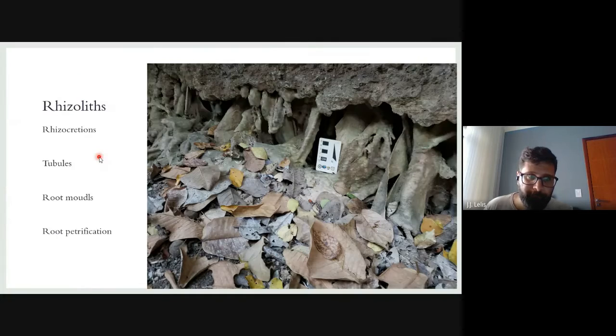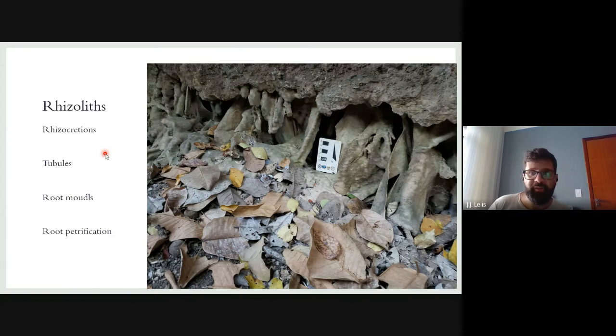Beyond the type and the shape of the voids, we can describe other features that express the evolution of soil through time. One of them is quite important to understand the biological activity and the chemical and physical changes in soils, and they are the rhizoliths.